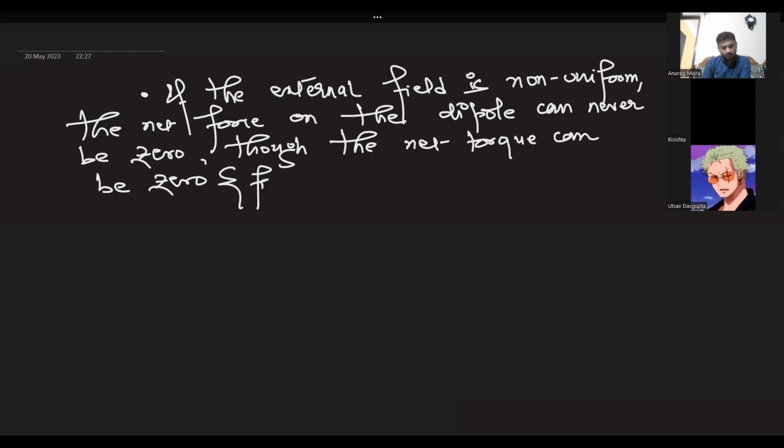When will the net torque be 0? Obviously for theta equal to 0 degrees and 180 degrees.